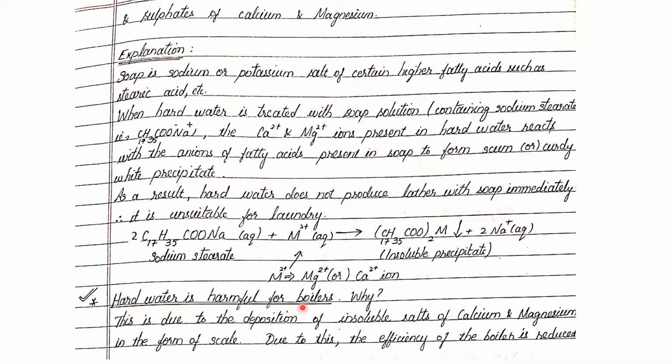Hard water is harmful for boilers. What is the reason? It is due to the deposition of insoluble salts of calcium and magnesium in the form of scales. Due to this deposition, the efficiency of the boiler gets reduced. So it is harmful for boilers.